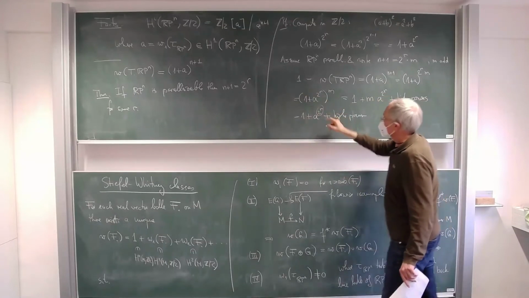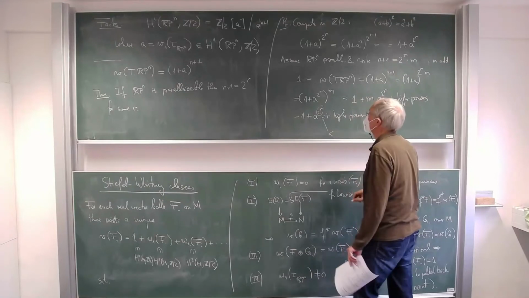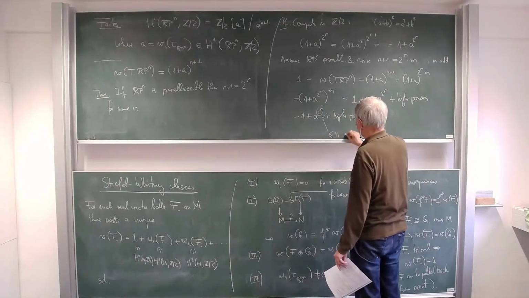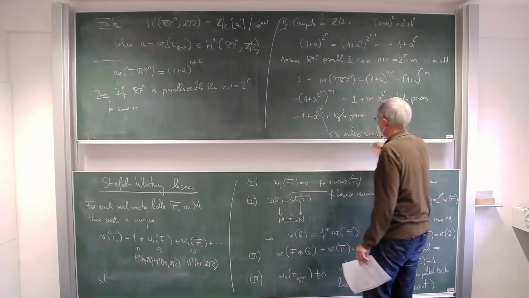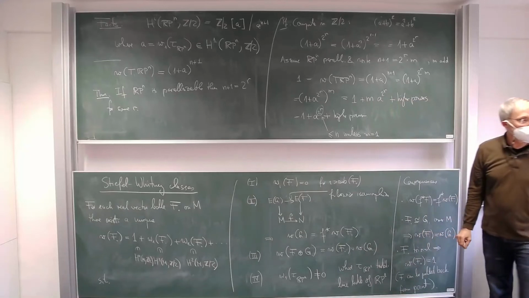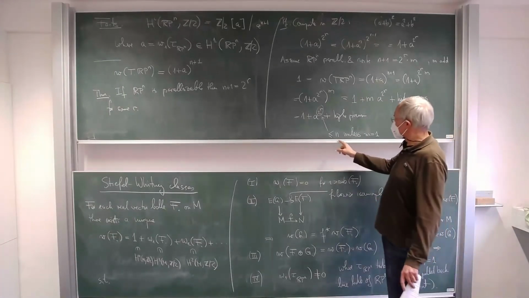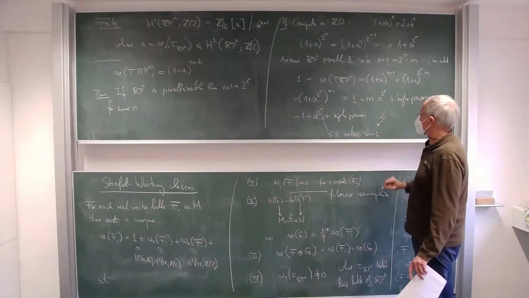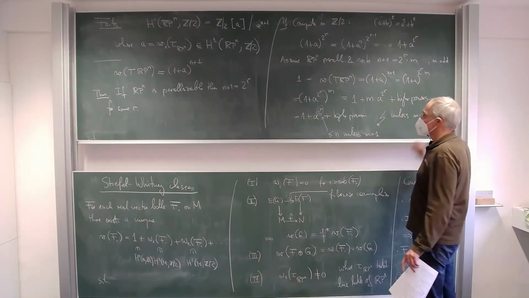Right? So this exponent is smaller than or equal to n, unless n is equal to 1, in which case it is n plus 1. And then, therefore, if m is not equal to 1, we get a contradiction, unless n is equal to 1, which is what we want to prove.